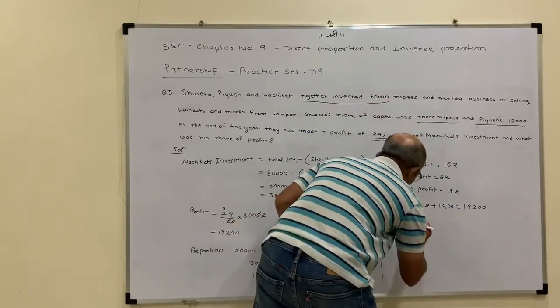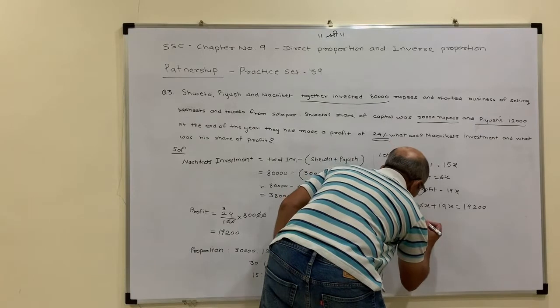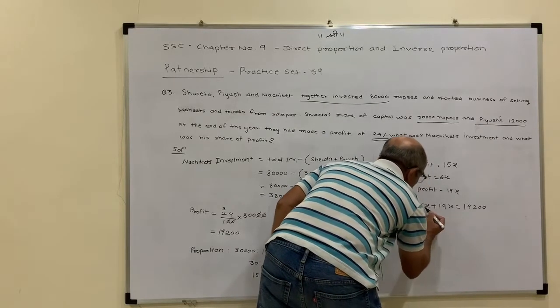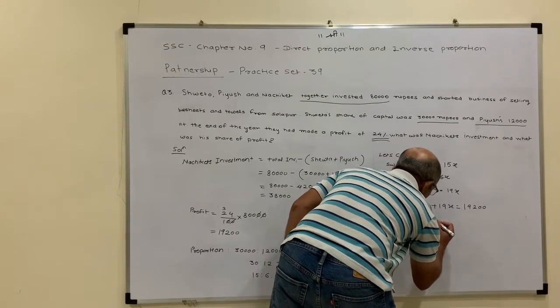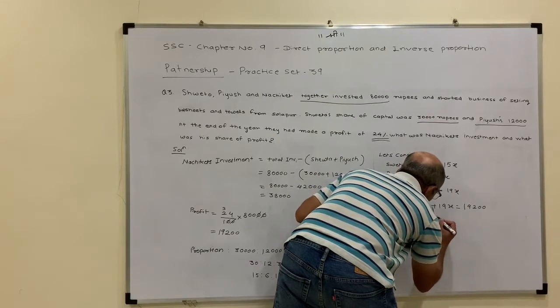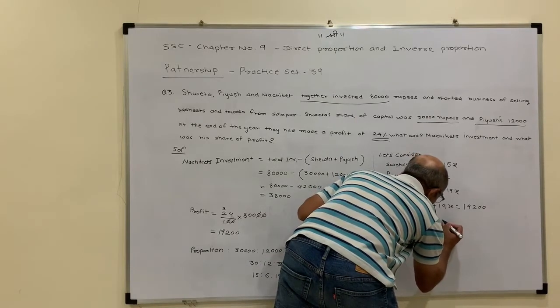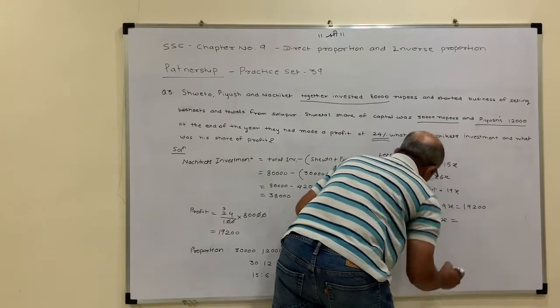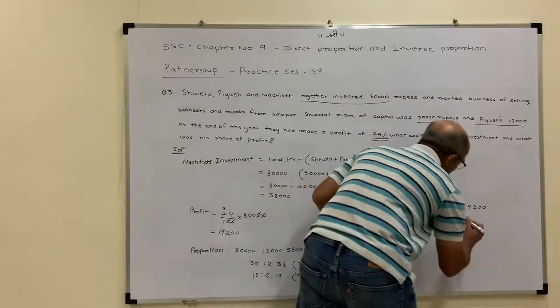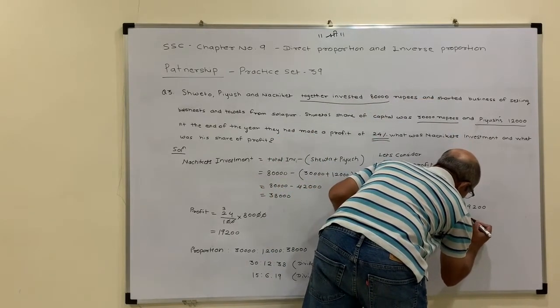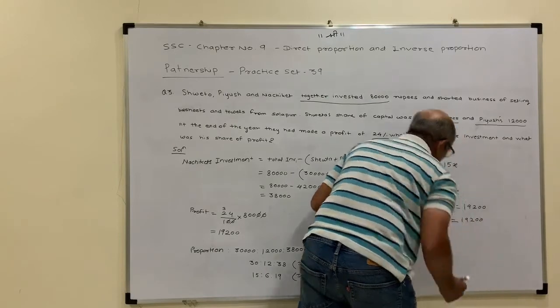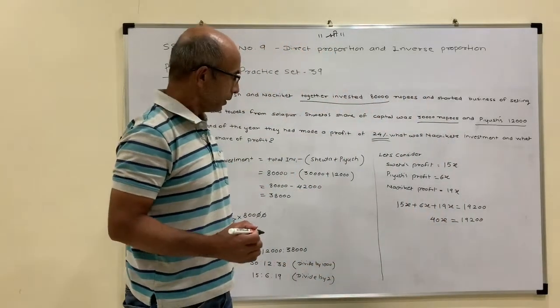So 15 plus 6 is 21, 21 plus 19 comes out to be 40x equals 19,200.